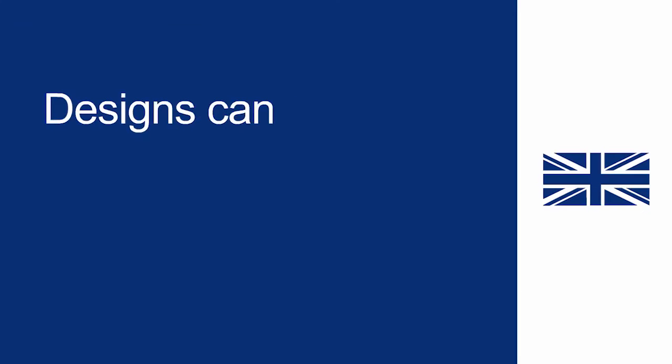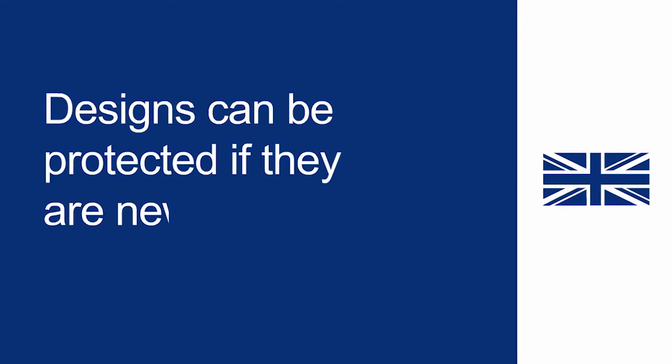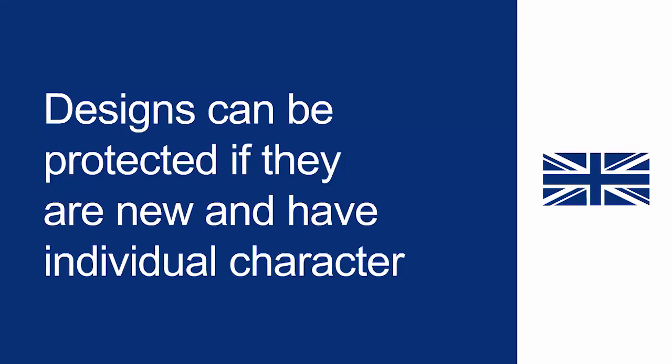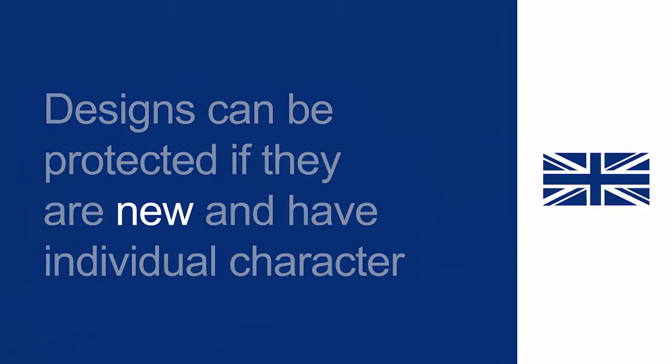You will recall that I mentioned that designs can be protected to the extent that they are new and have individual character. So what does this mean? A design is new if no identical design has been made available to the public before the date you apply to register.